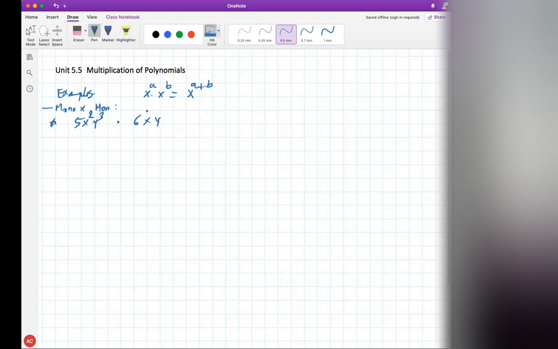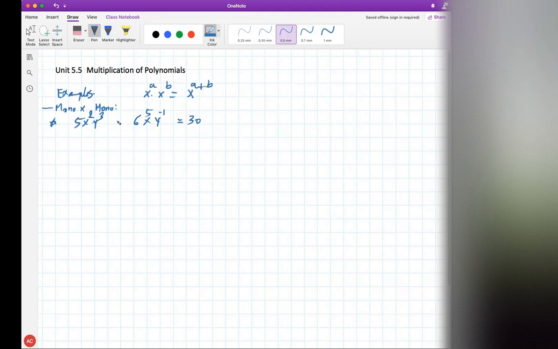For example, -1 and 5. And then again, exactly like we did last time. What is this equal to if we multiply these? What's the product of these two monomials, everybody? 30. 5 multiplied by 6. Okay.